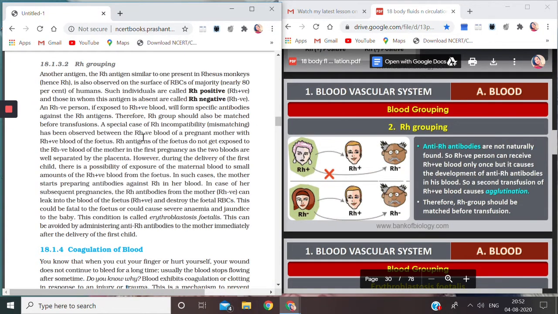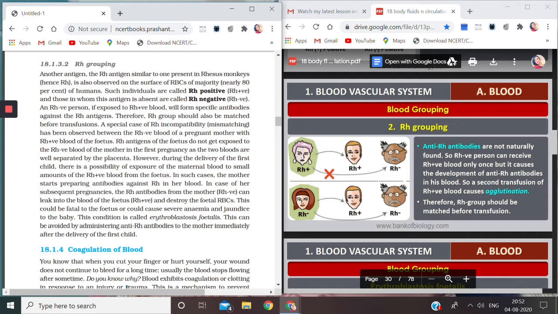Now here what happens is the mother is Rh negative. Mother's blood is Rh negative, but the fetus inside her is Rh positive.